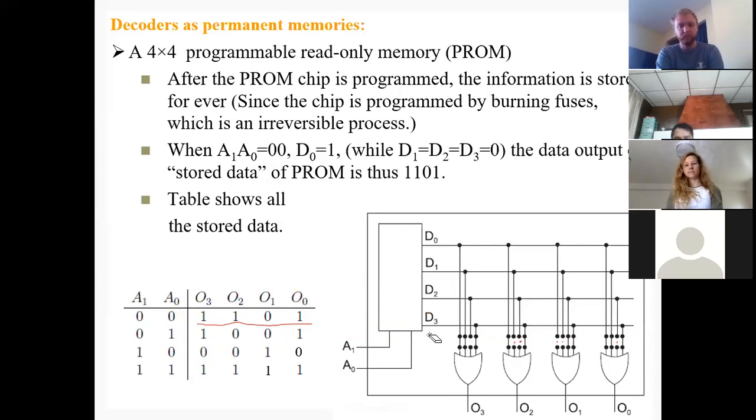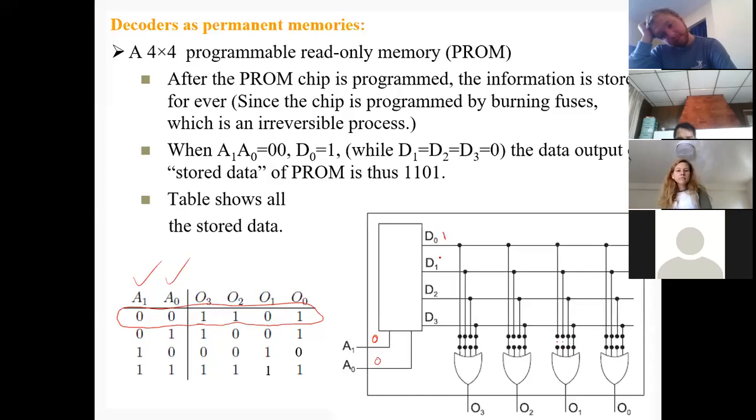So when A0 is 0, A1 is 0, right? Let's talk about this one first. Okay, let's talk one at a time. It means A0 is 0, A1 is 0. Then what is your D0? Help me here, please. 0. The D0 will be 1, and the rest will be 0, right?